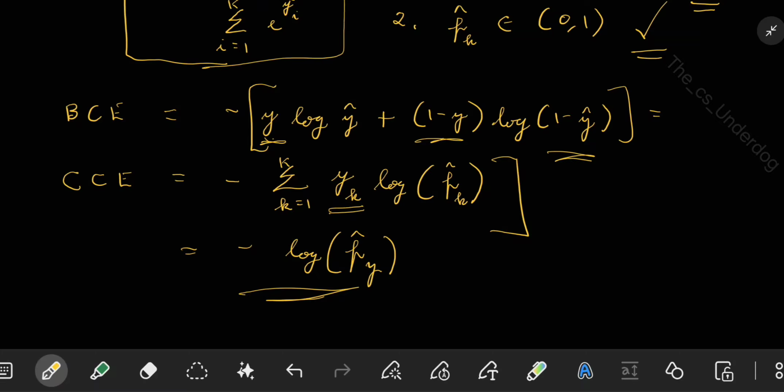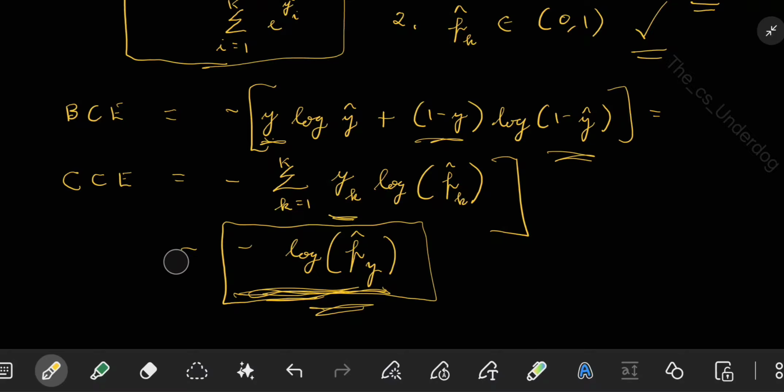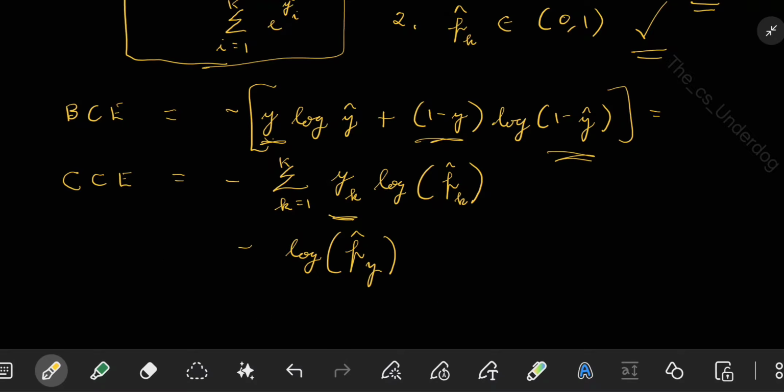So when you actually solve it, because all other yks are 0, only one particular yk will take value 1, which is the true class. And your final formula will look like this. Actually, only one particular log py cap term will remain. All others will cancel out because the yks will be zeros. I'll erase this again because I want you to understand that only one will remain. The formula is the above one only.